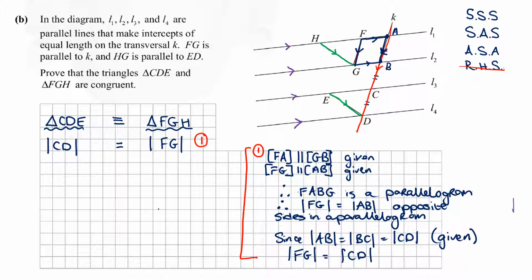So they can clearly see how I worked through that logic to get that CD was equal to FG. So I have a side. I know I was going to have to figure out one side at least, because side side side, side angle side, angle side angle, they all have a side in it. Now I need to figure out another side or another angle, something.